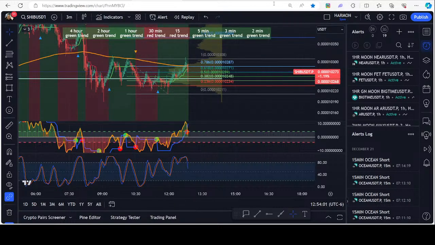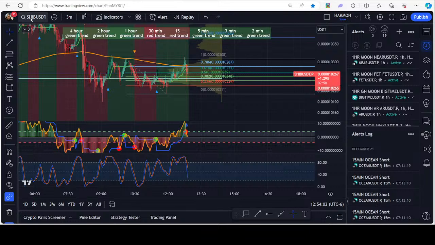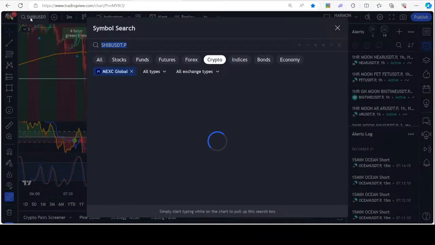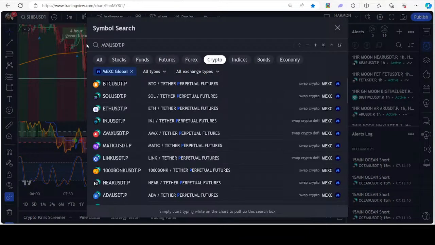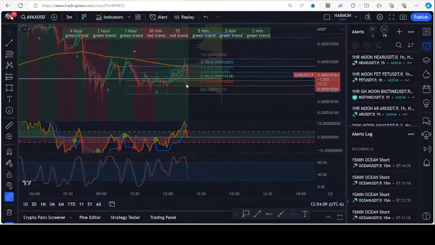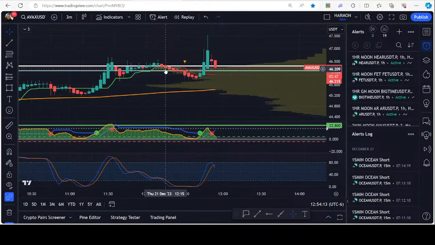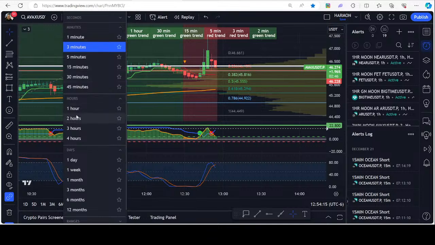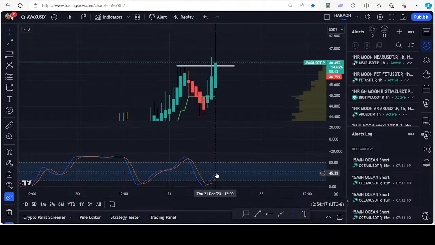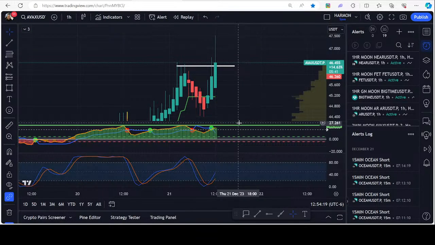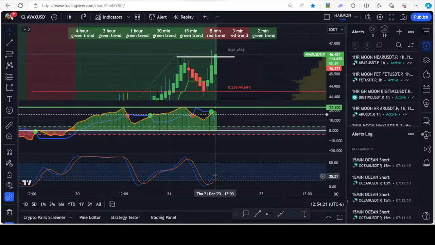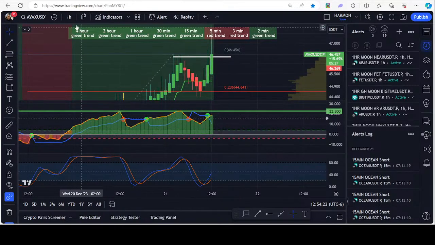All right. SHIB's weaker right now. So let's go over here. Let's take a look at AVAX right here. All right, what do you got on AVAX? 3-minute moon, 3-minute trend. Pullback starting, 1 hour. So 1 hour is pushing here. I would wait on AVAX. We need the 1 hour to bend down and a moon.